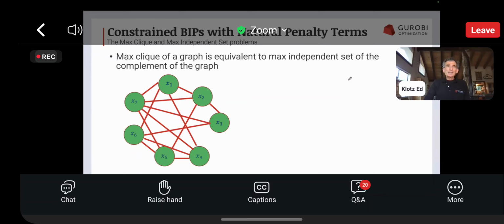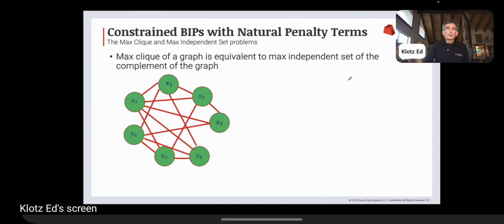I won't go into the details, but the same is true for the max clique problem because it turns out that the max clique of a graph is equivalent to the max independent set of the complement of the graph. So just to get our terminology down, these red edges in this example are the edges of our graph.